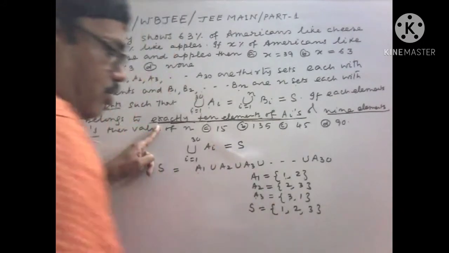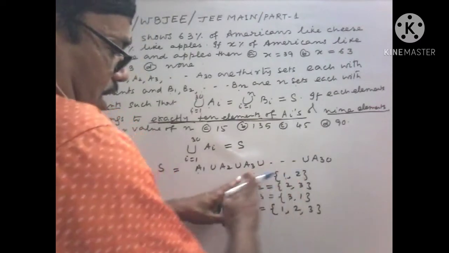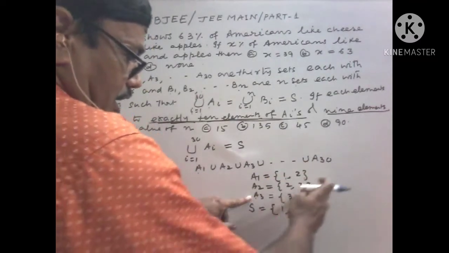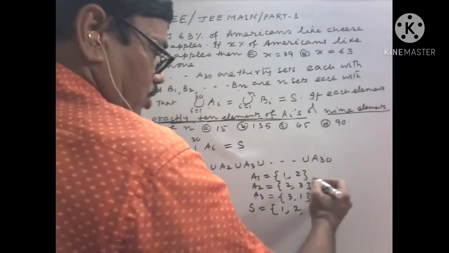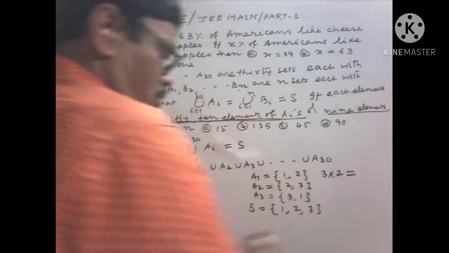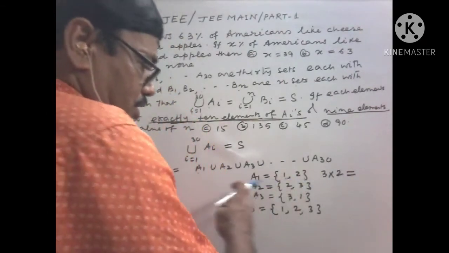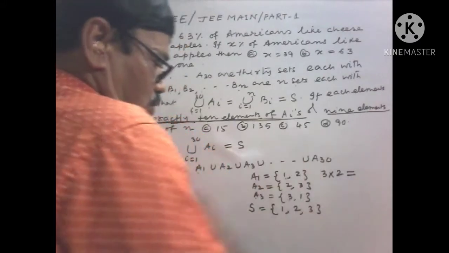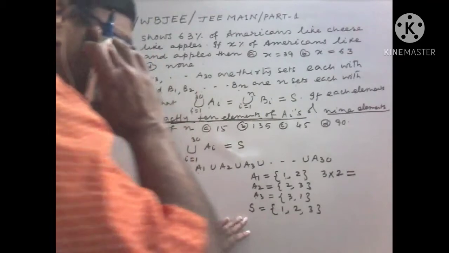So the number of elements in A1, A2, A3 together is 3 into 2, so 6 elements.